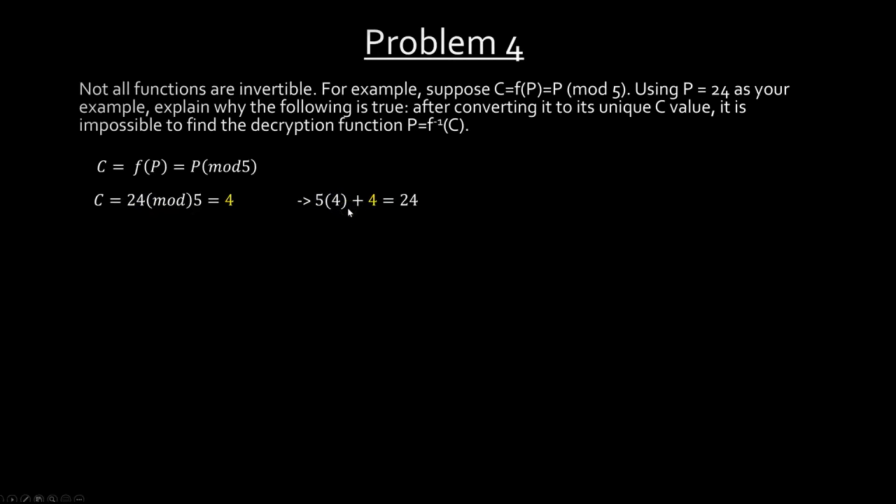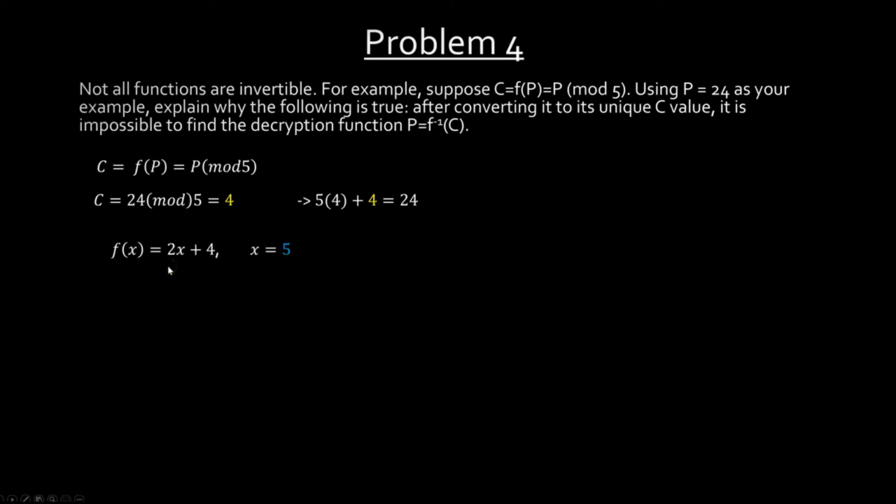Now, let's ask ourselves, if we start with this number 4, and we didn't know the 24, how might we actually get back to it using some inverse of this function? And whether or not that's possible, we'll figure out. Well, let's start with an example using a linear function just to show that there are ways to find an inverse function.